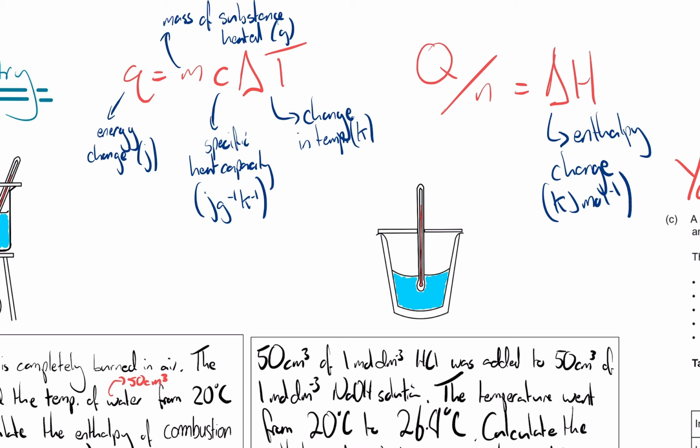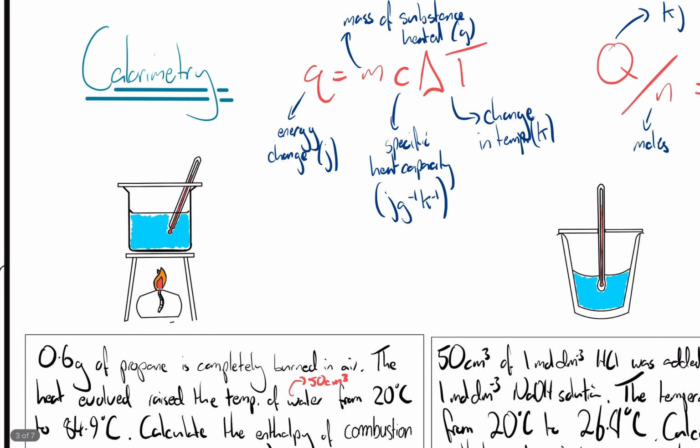So hopefully you realise here we're working in joules, here we're working in kilojoules. And that's why often I'll do a little q over here and a big Q over here, so that I remember that I've got to convert this. This is in kilojoules. N is obviously our moles. Right? So let's get down to an example.